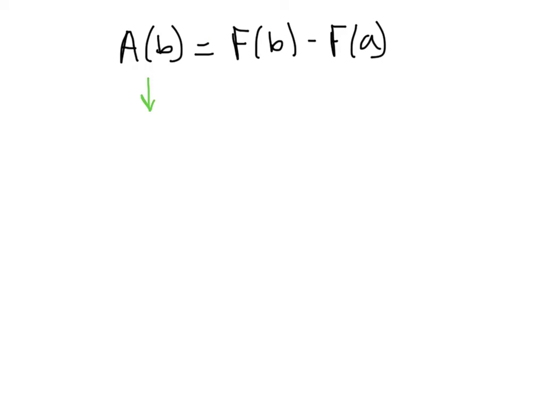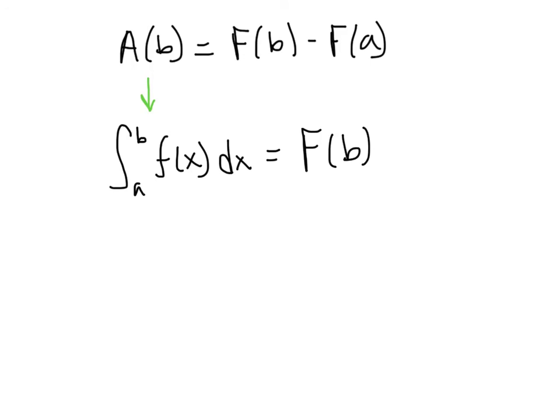This thing can be written in another notation. It can be written like this. The definite integral from a to b of f of x is F of b minus F of a. This is huge. This ties everything together.